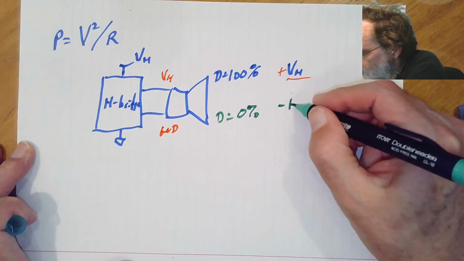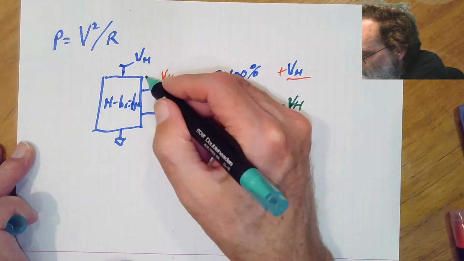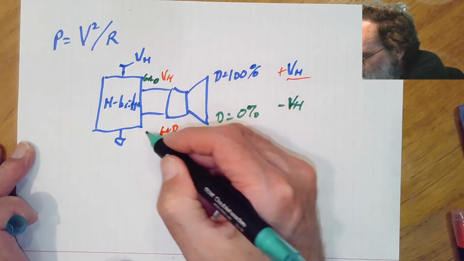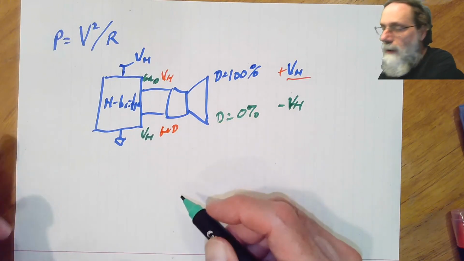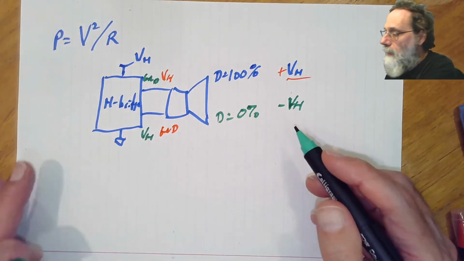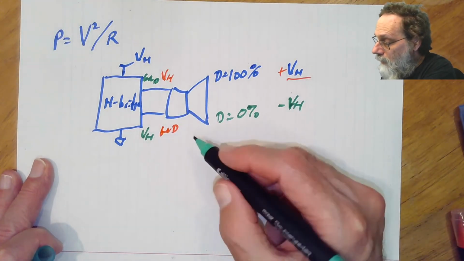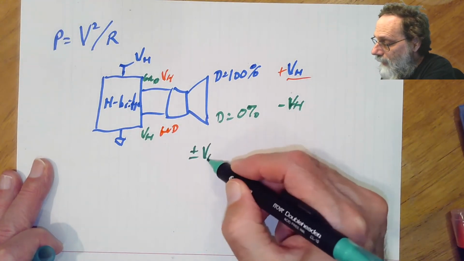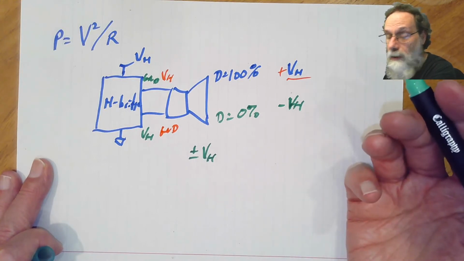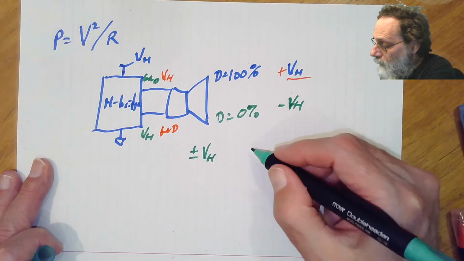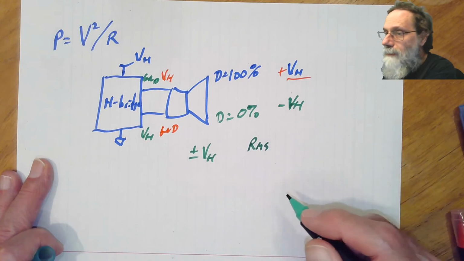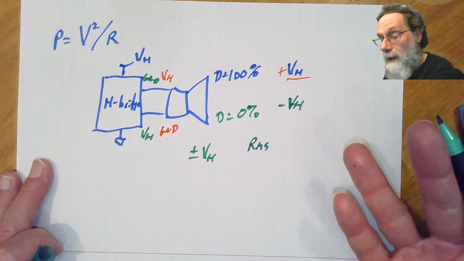We'll have minus VH, because we'll have ground on this wire and VH on this wire. So the maximum voltage range we're going to have going to the loudspeaker is plus or minus VH, so it's an amplitude of VH. And that's going to give us an RMS voltage depending on what the signal is.